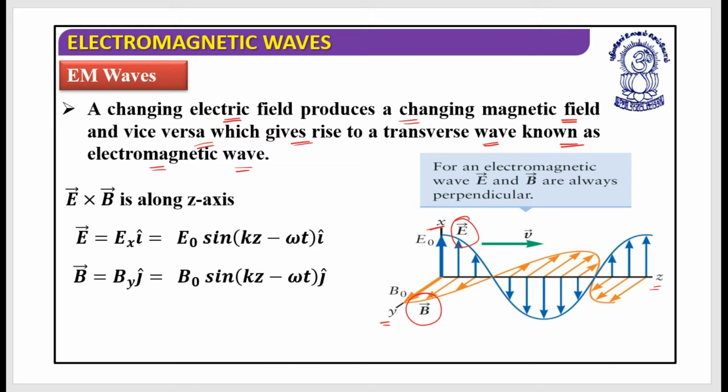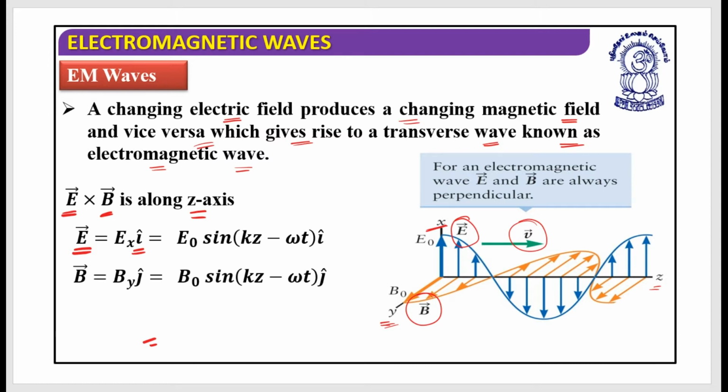One more very important thing is that the direction of propagation is in the third dimension. So if one component is in the x direction and another component is in the y direction, then the direction of propagation is in the z direction. So what we can understand is E cross B is along the z axis, and when E cross B is along the z axis, the electric field component is in the x direction.